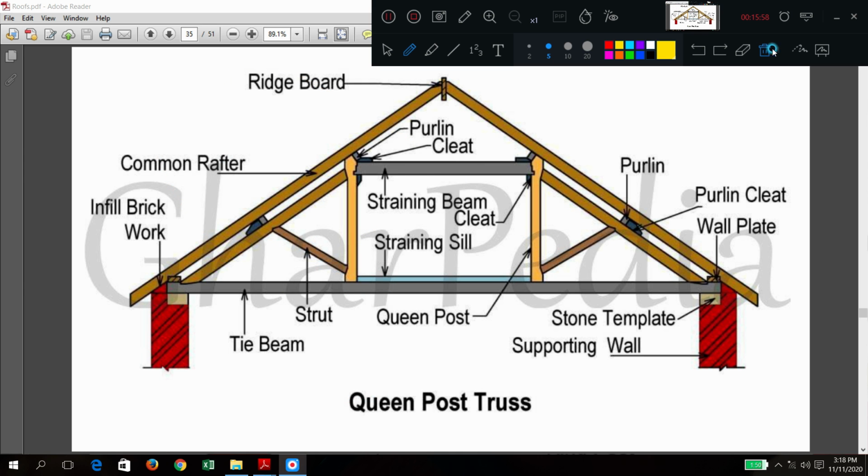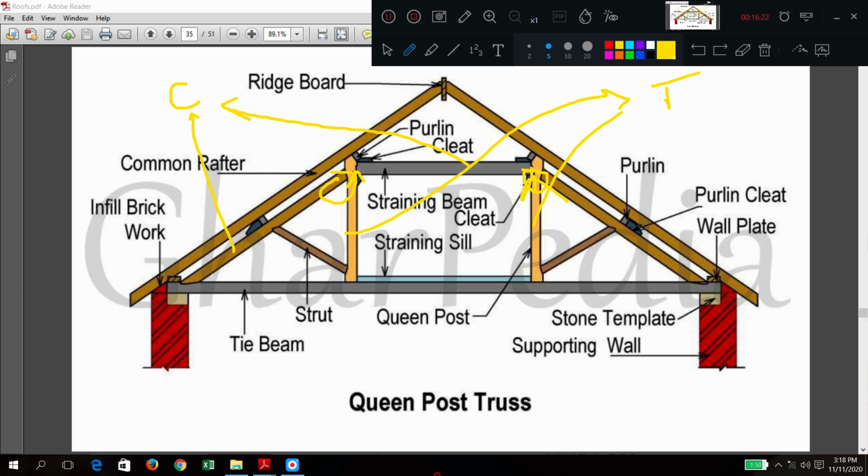I will just draw once again. Compression: principal rafter, straining beam. Queen post, these two queen posts are there, these two are in tension. Apart from that, you have three-way clips, three-way heel straps or clips of wrought iron.